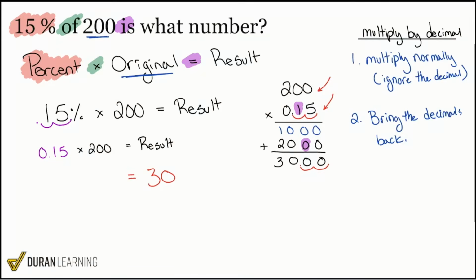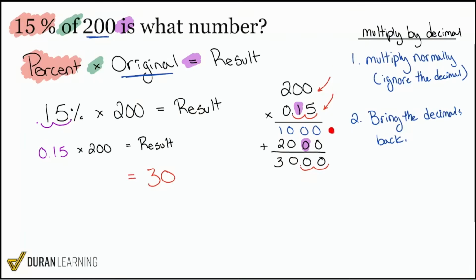So that's a little bit to unpack there, right? But just as a recap, remember that our formula is the percent times the original equals the result. If you're trying to find that result, you just multiply the percent and the original. But again, don't forget, we have to convert that percent to a decimal by moving it twice to the left.